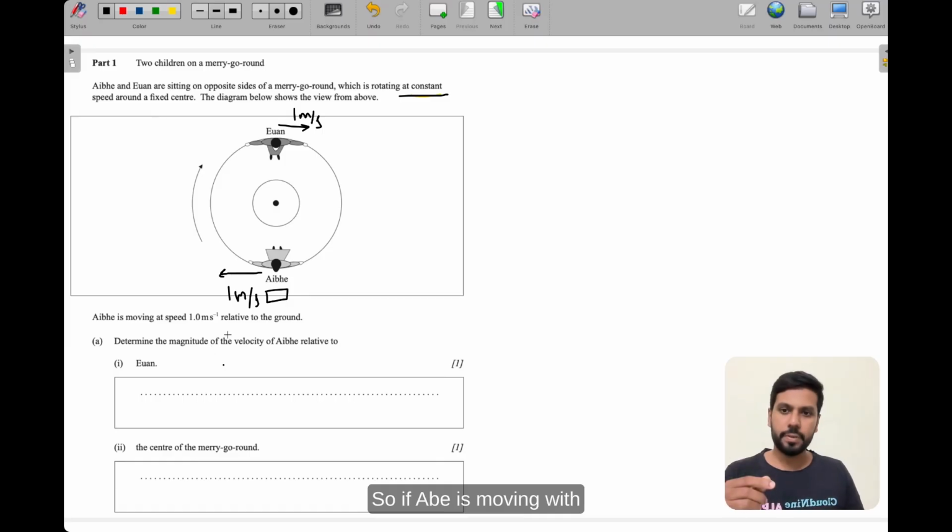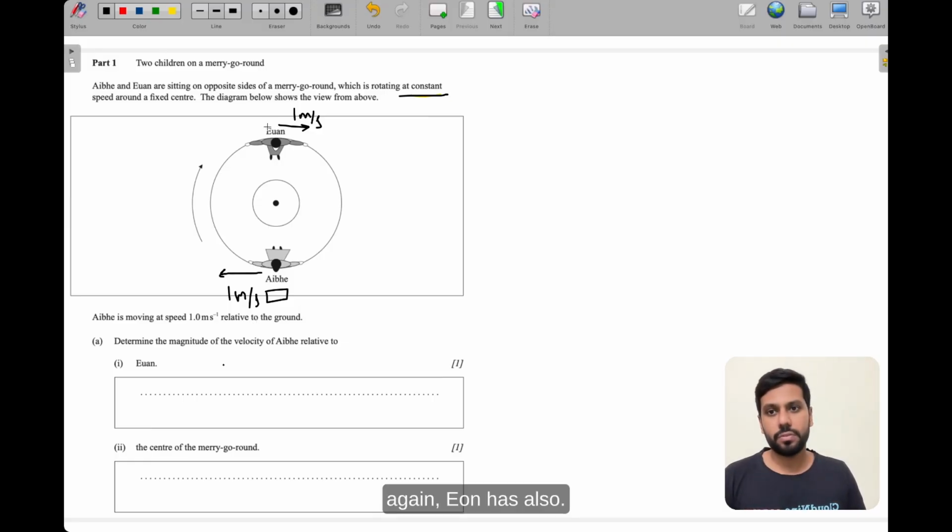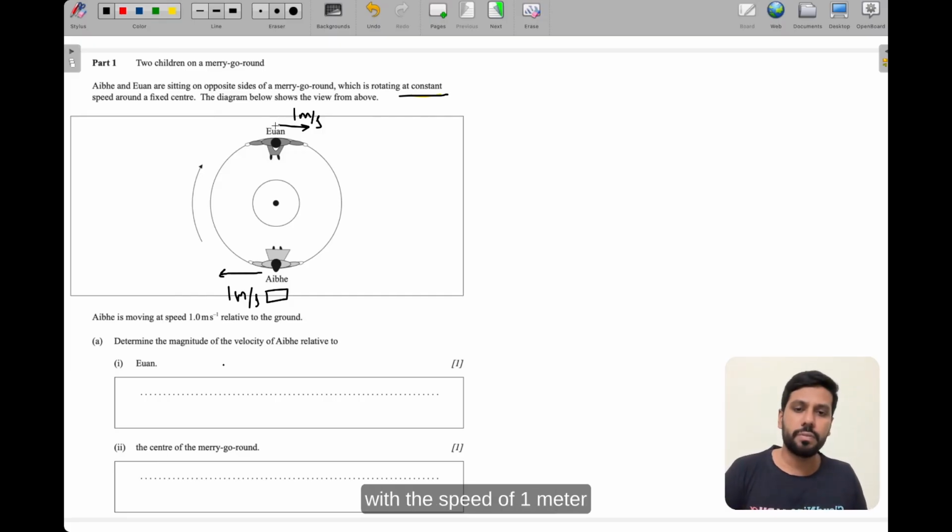If Abe is moving with a speed of 1 meter per second with respect to the ground, Eon also is going with a speed of 1 meter per second with respect to the ground.